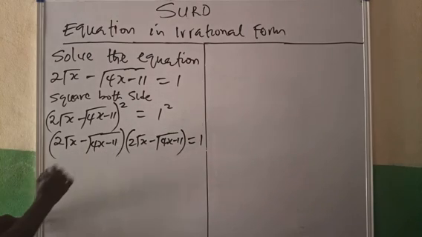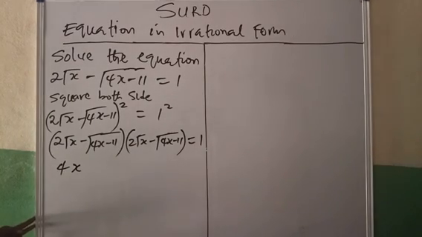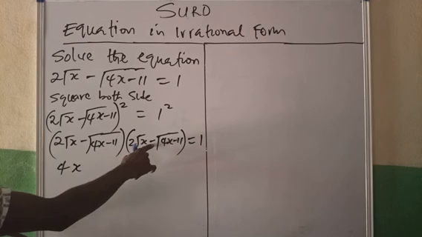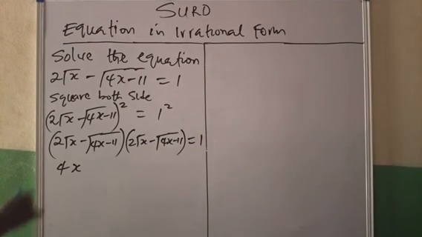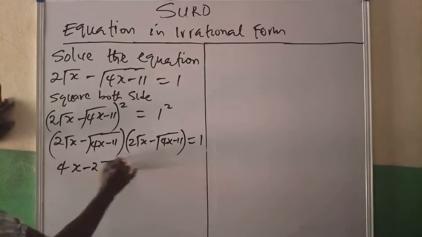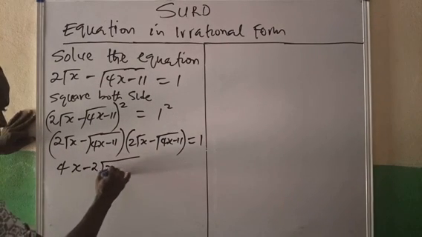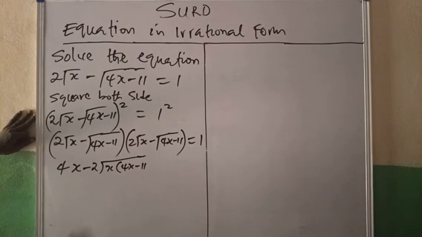So let's expand it one by one. 2 times 2 is 4. Root s times root s is s. 2 times minus root 4s minus 11 will give us minus 2 root s times root 4s minus 11.